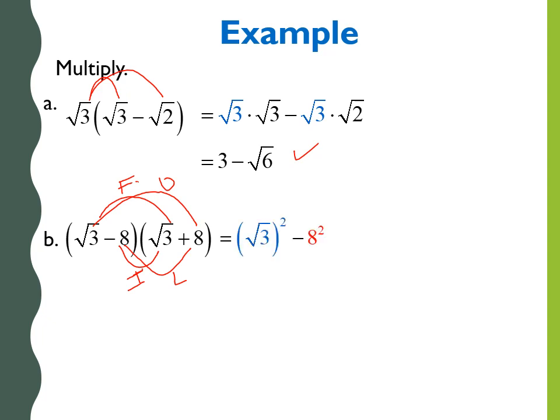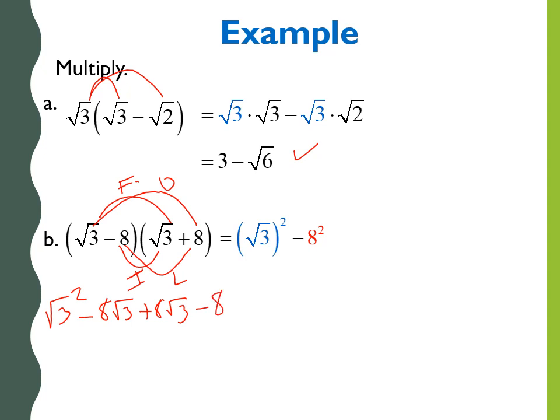We're going to FOIL. So what we end up with is the square root of 3 squared minus 8 squared. What's the beauty of this is that if we use our rules or our shortcuts from 307, we could go straight to this, but the hope is that once we FOIL, we have square root of 3 squared, and then we have minus 8 square root of 3 plus 8 square root of 3, and then we have minus 8 squared.